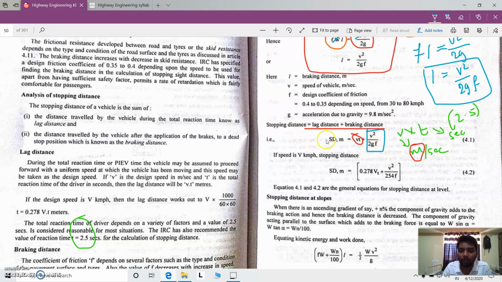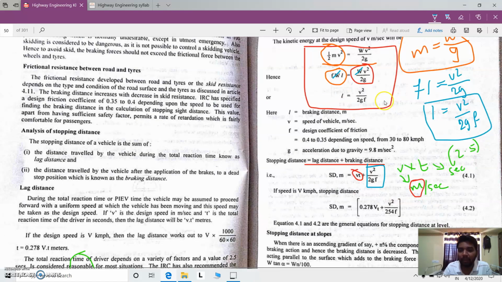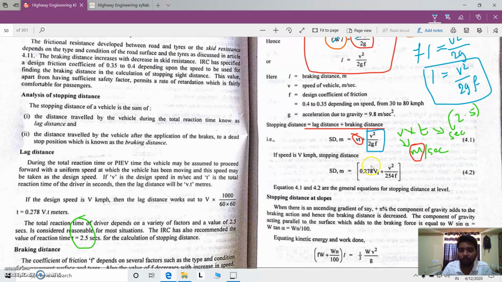That means stopping sight distance is equal to lag distance plus braking distance. Lag distance is V into T, the distance traveled during the reaction time of the driver, plus the braking distance, the distance traveled by the vehicle after applying the brake, considering the kinetic energy of the vehicle and the friction coefficient, which is V square by 2GF.